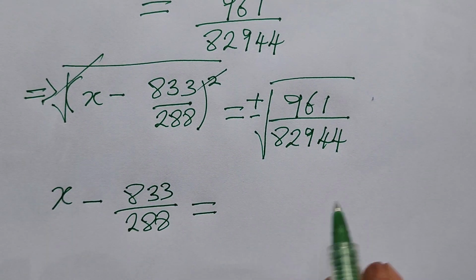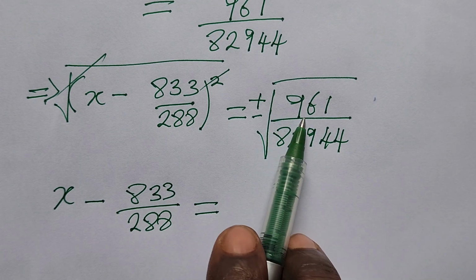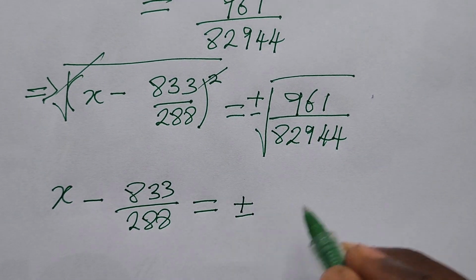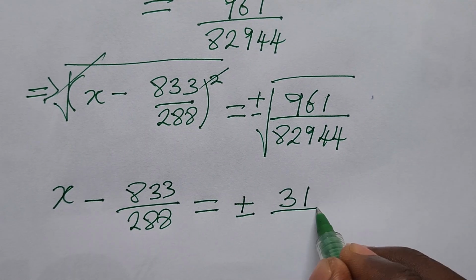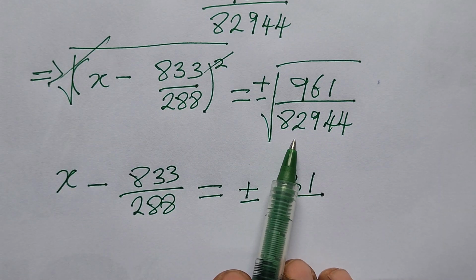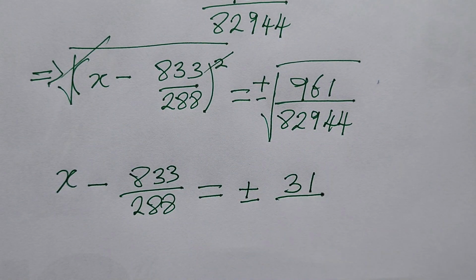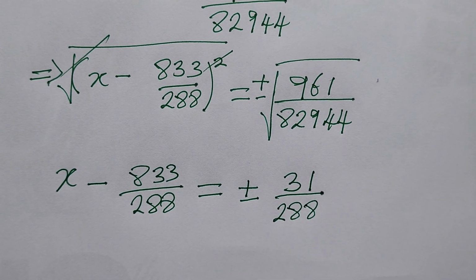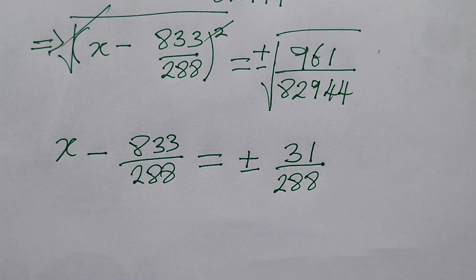This is equal to, now the square root of 961 will give us 31. So we have plus minus 31 all over the square root of 82944 will give us 288. We have 288. Move this to this side of the equation.